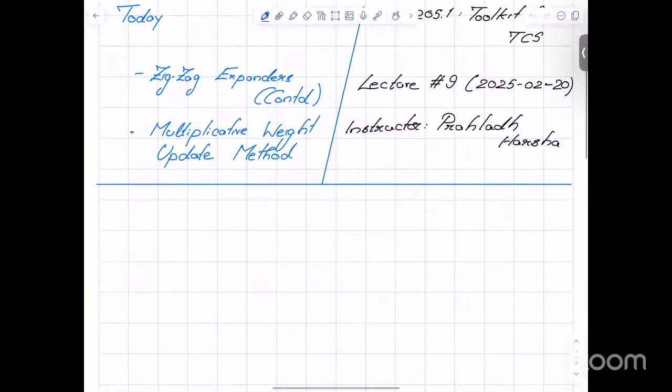So what we were doing last time, we were discussing this construction of expanders via the zigzag product. So recall from last time, we had defined this notion of a zigzag product.